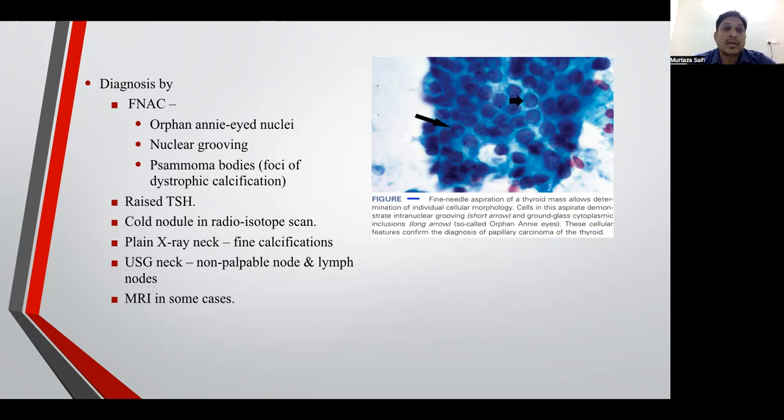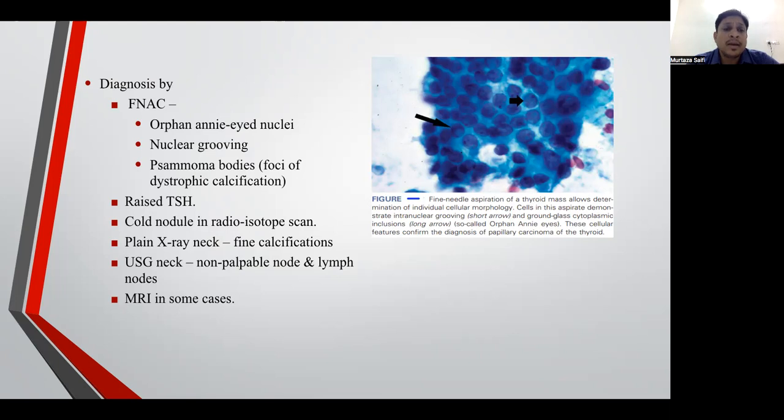Then in this carcinoma, a raised level of thyroid stimulating hormone is there. Now, cold nodule in radioisotope scan. There is a hot nodule and there is a cold nodule, so you will find a cold nodule in the radioisotope scan. Then plain X-ray neck, you will find fine calcifications, and USG neck, you will find non-palpable nodes and lymph nodes.